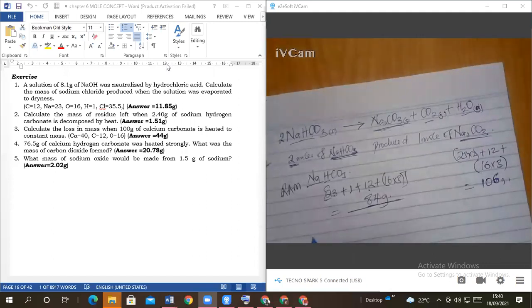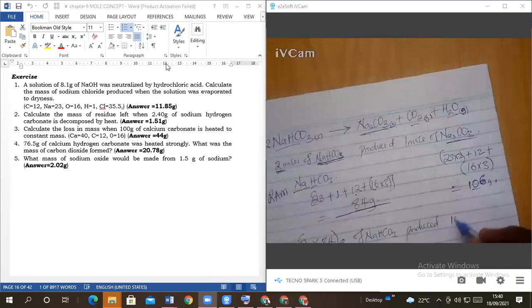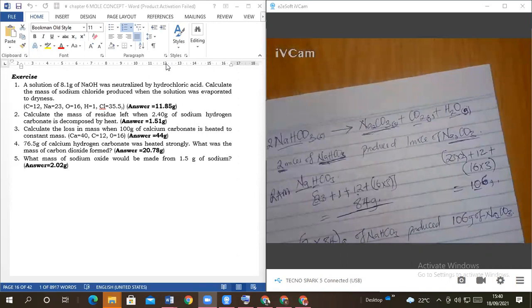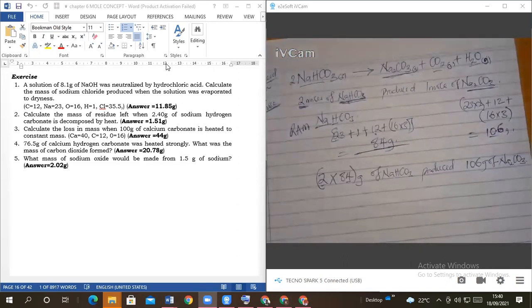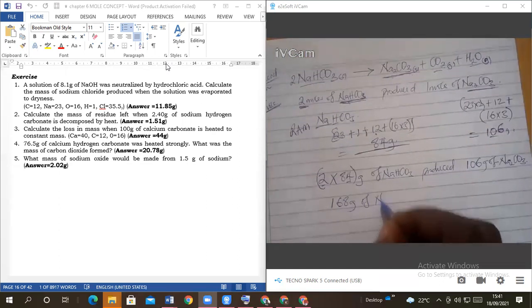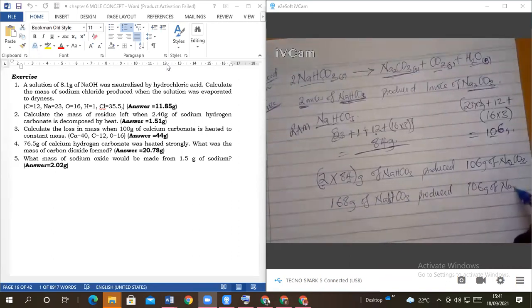Now you say 2 moles of sodium hydrogen carbonate will be 2 times 84, which is 168 grams of sodium hydrogen carbonate, produced 1 mole, which is 106 grams of sodium carbonate.